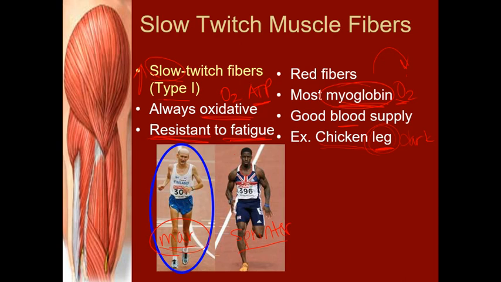I always call junior high the natural selection for sports, because you get to junior high and all the coaches start looking at these kids. Every kid wants to try out for every sport, or almost every kid does. The tall kids get recruited for basketball, the fast kids get recruited for track and football, and the coaches start hunting them down.